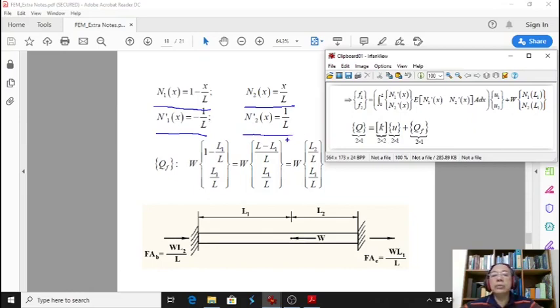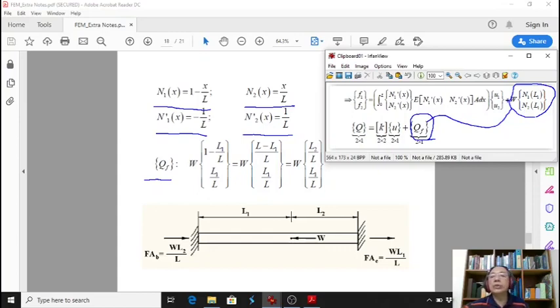So now the QF term here is equal to this, W times the vector N1 of L1 and N2 of L1.